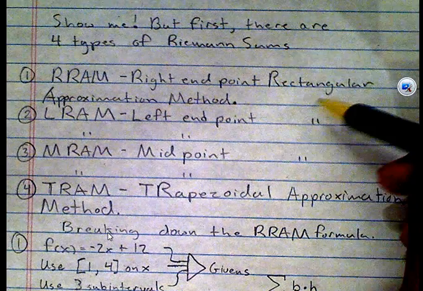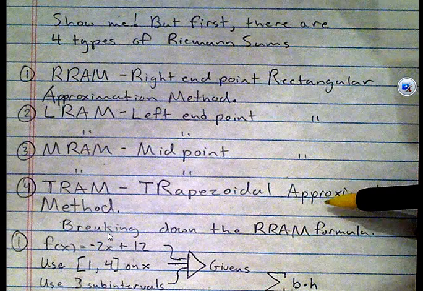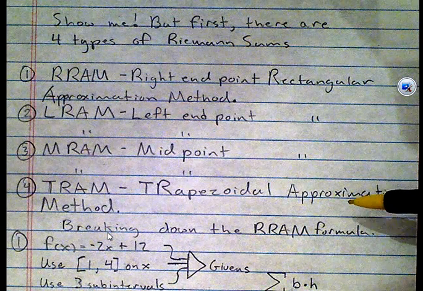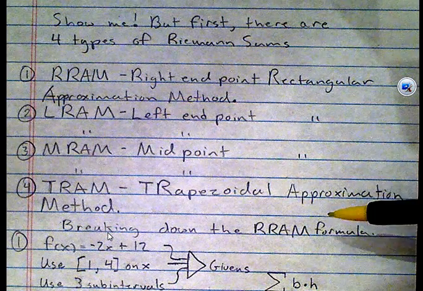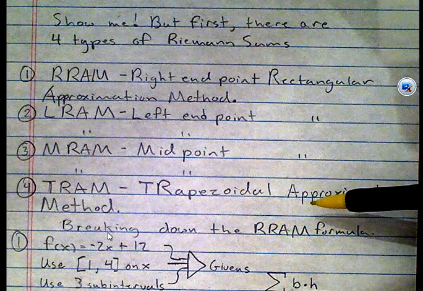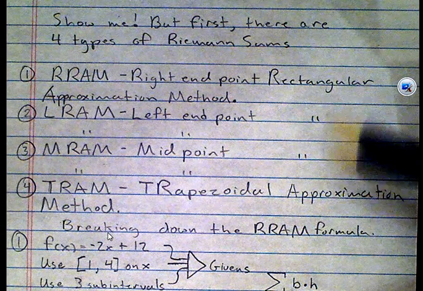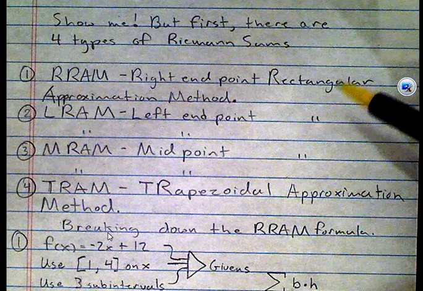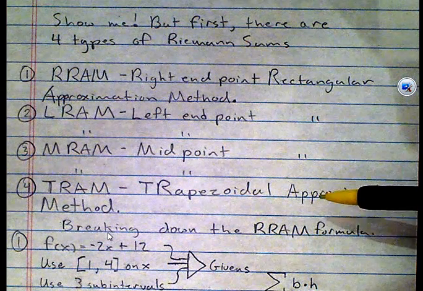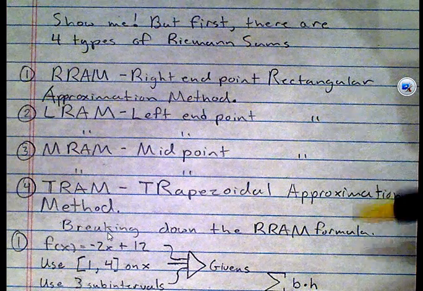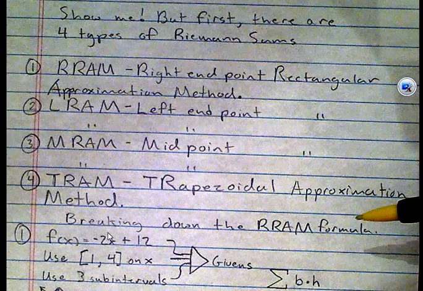But maybe y'all didn't write this one down. The TRAM, the trapezoidal approximation method. That's one of the 4 that we have to know. I'm talking right now in case you weren't here in class on Monday, so you could write these down. That's the only reason I'm talking. All right, so let's move on. Now let's do some examples.